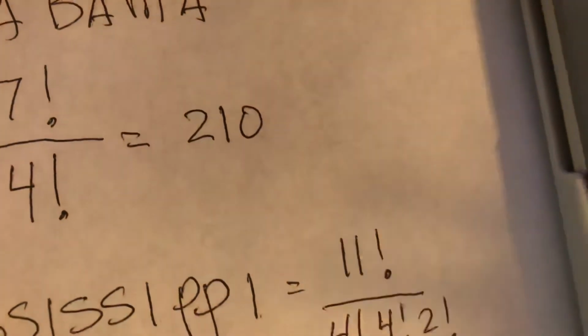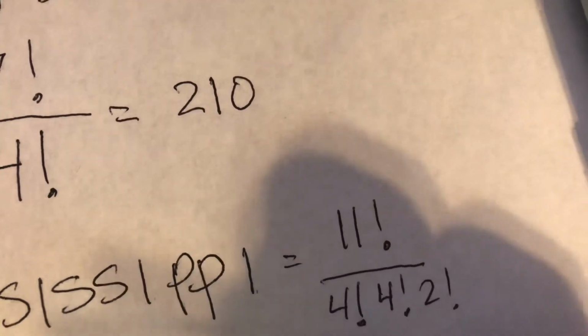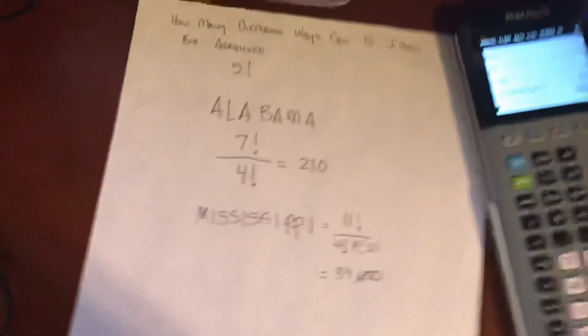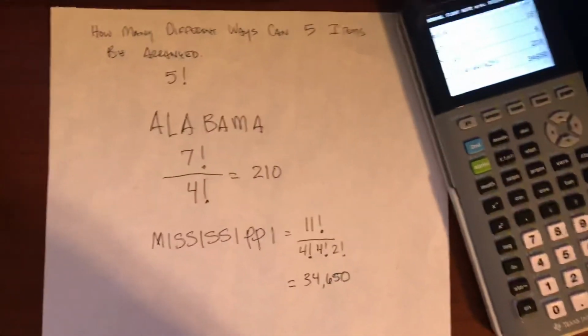That gives 34,650. So that's how you do the fundamental counting principle and permutations.